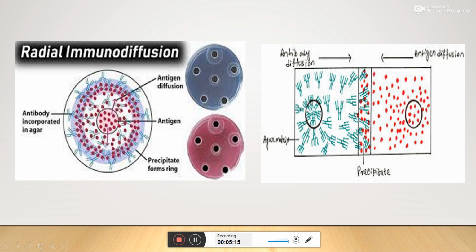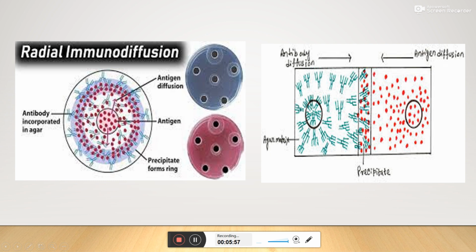This is a schematic representation of double immunodiffusion, where one well contains antibodies and the other well contains the antigen. By adding the antigen and antibody to their respective wells, they diffuse through the agar matrix and form a visible line at the region of equivalence.